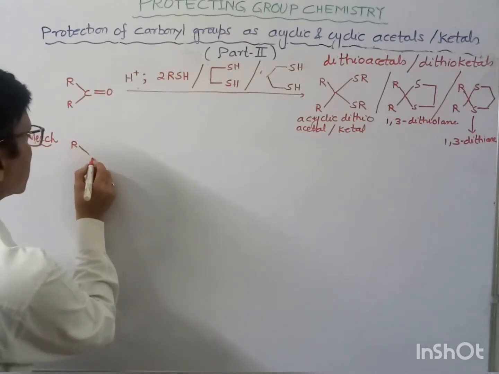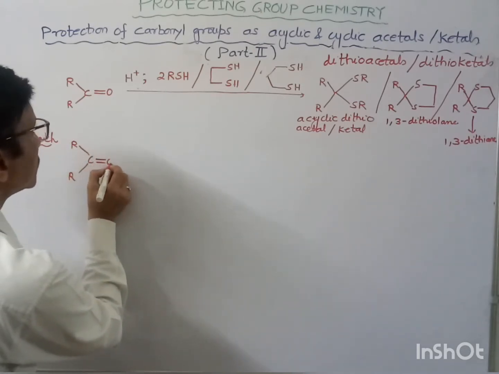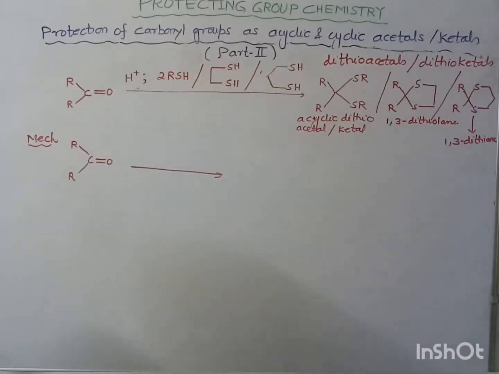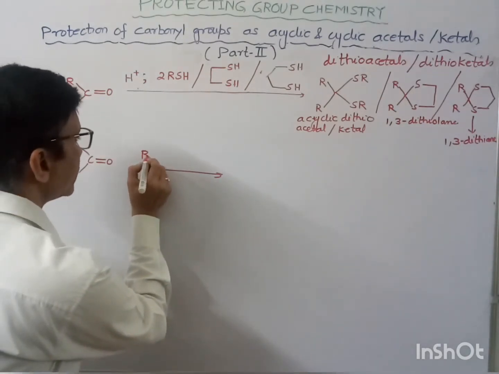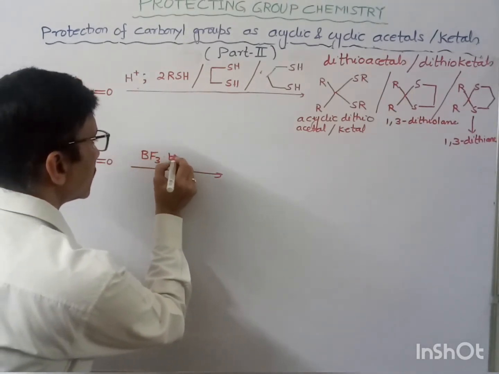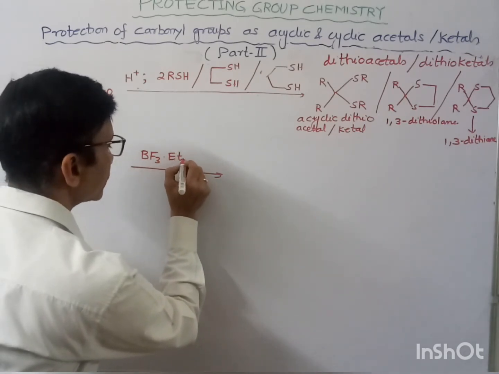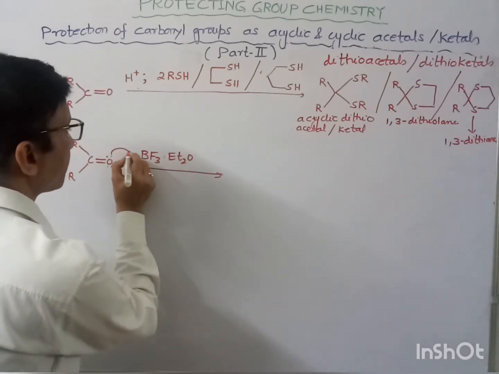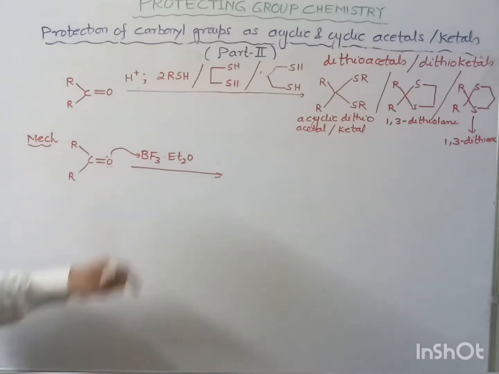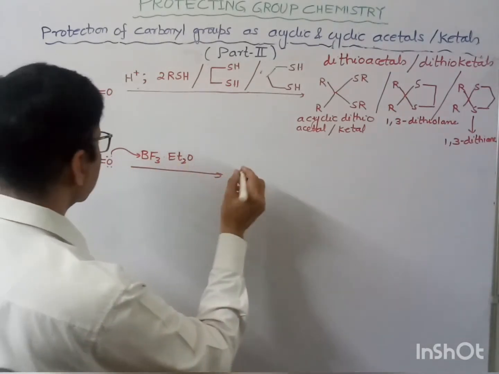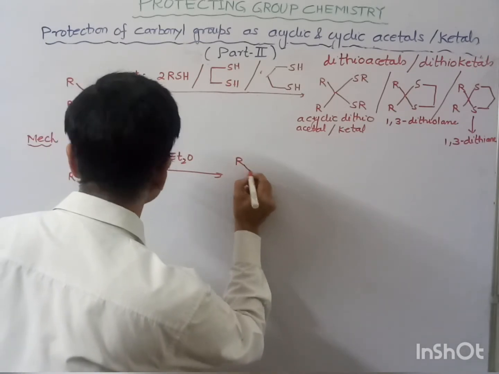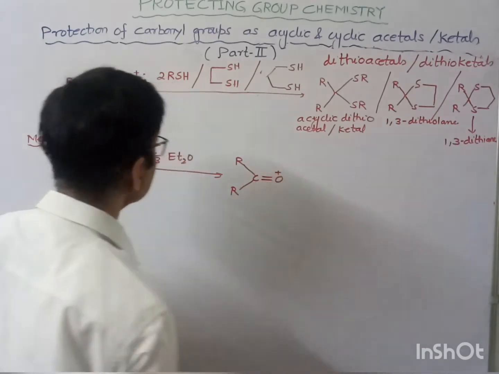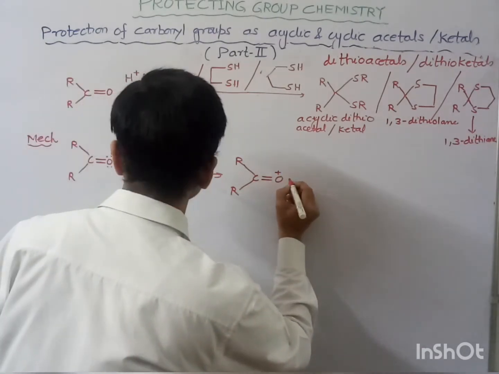So if we have this carbonyl compound, and in place of any acid suppose we are taking the Lewis acid, boron trifluoride etherate, then this lone pair will attack over this electron deficient boron, and we will get a positive charge over this oxygen.